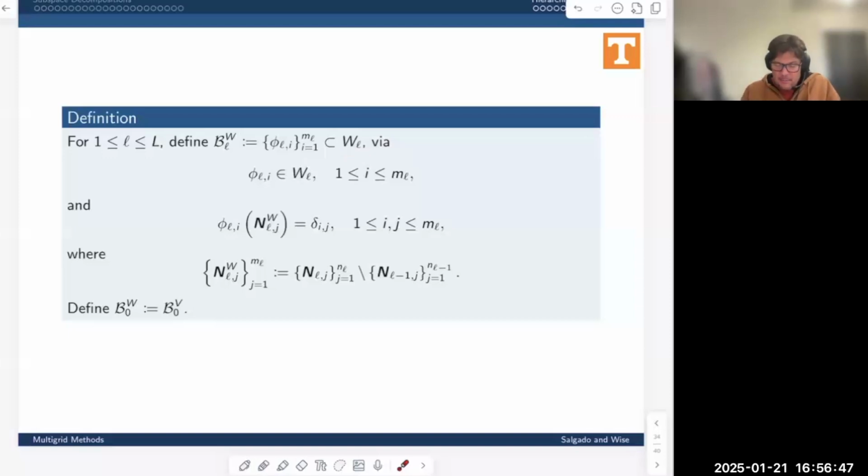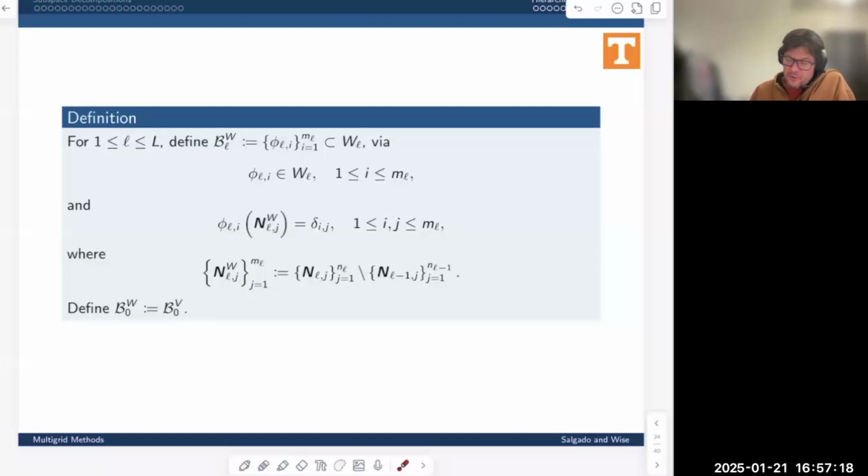I actually didn't write that, but I hope that that's clear. Since we're taking a subset of functions from a space and we're zeroing certain ones of them out, we're creating a new subspace with a dimension that's much smaller than V_L. But it is a subspace, and therefore we can ask the question, well, what's a basis of this?